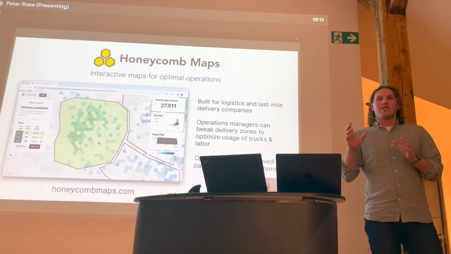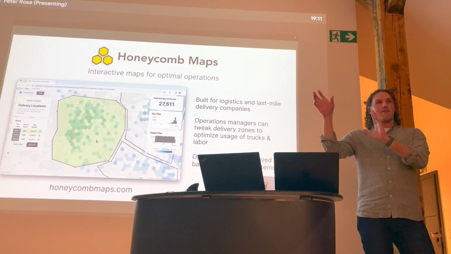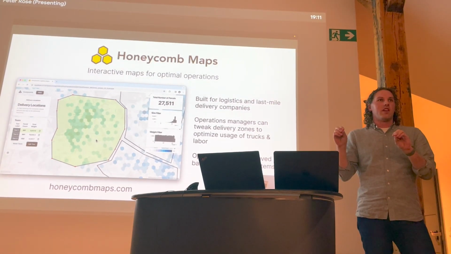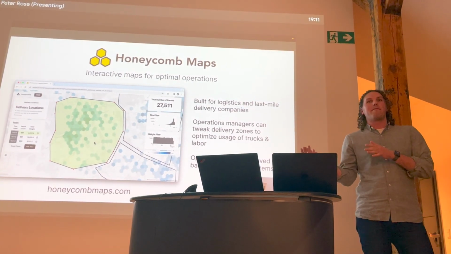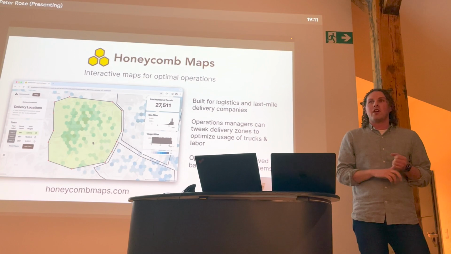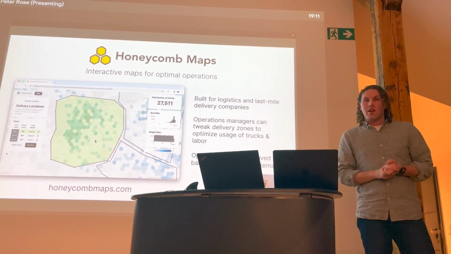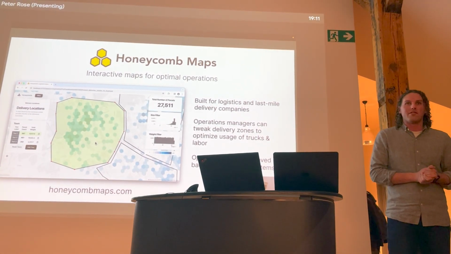Operations managers can pull up the tool, see a heat map of where deliveries will occur, and then they can tweak delivery zones. And as they drag the polygons for the delivery zones, they're getting real-time feedback on the number of parcels and the total amount of weight in those zones. Then once they've optimized these zones, they can save them back to their operational systems.